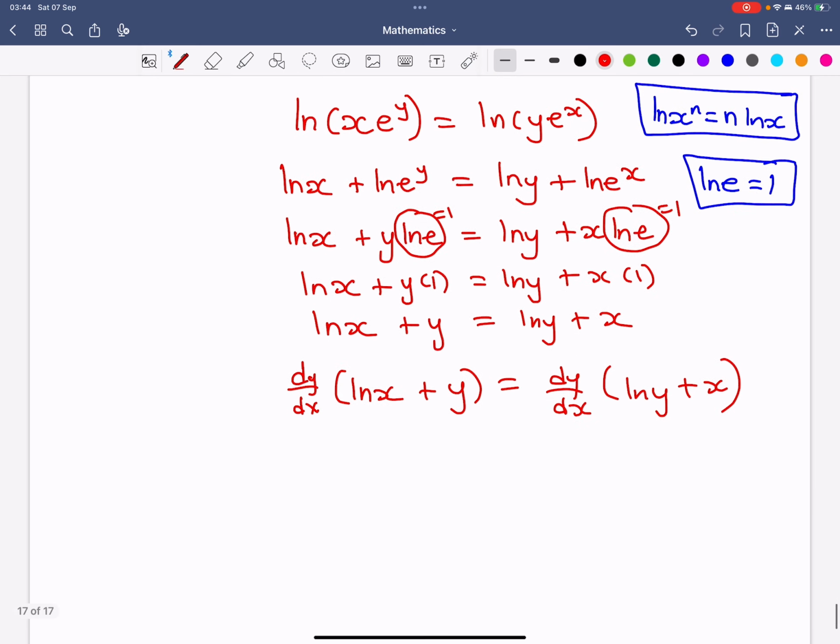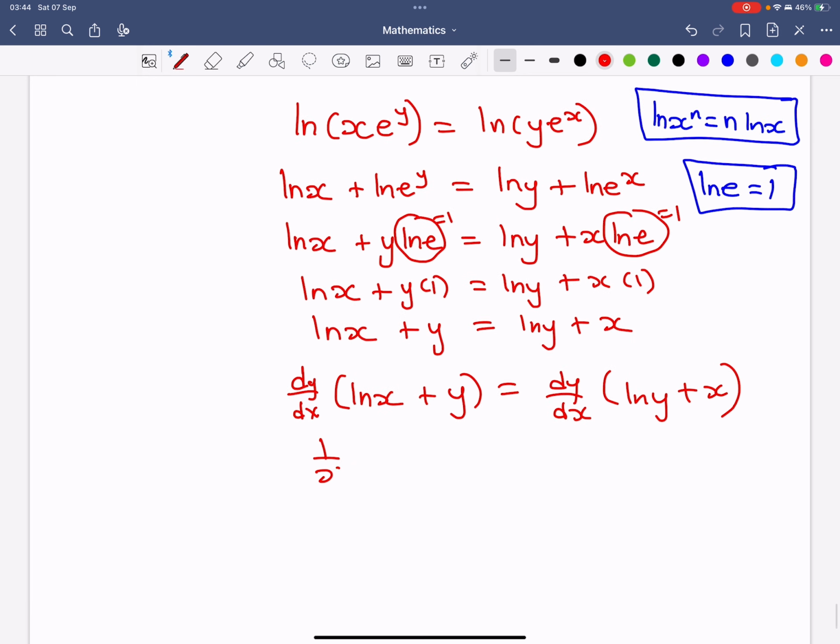And then what does this give us? This gives us 1 over x plus, what is the derivative of y? It's just dy over dx, right? Equals, what is the derivative of ln of y? It's 1 over y multiplied by dy over dx, plus 1, right?